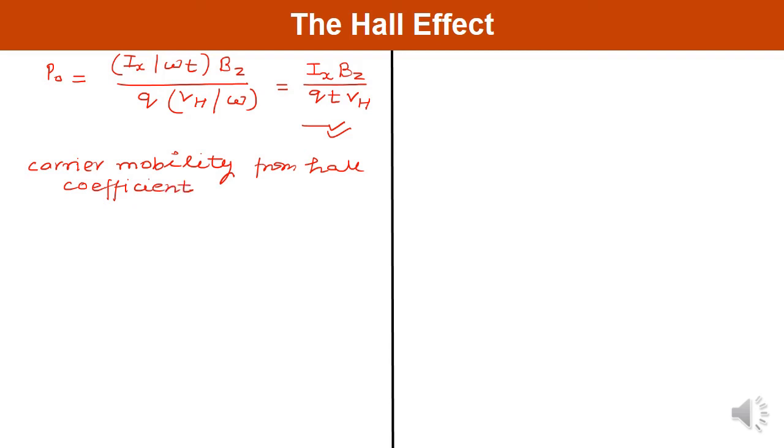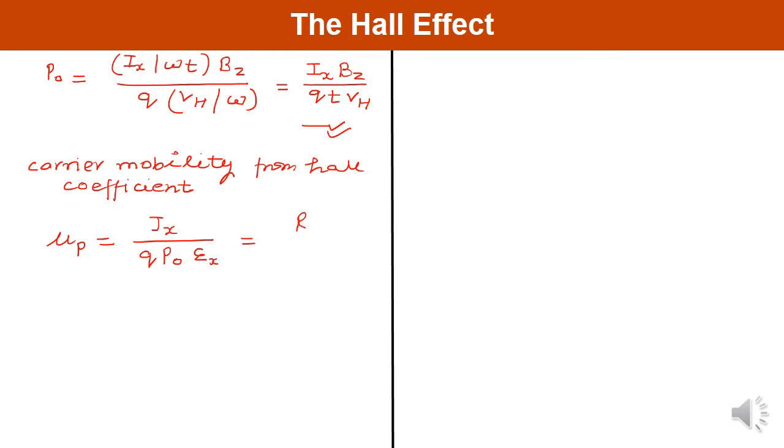Carrier mobility in terms of holes would be written as mu p, which is Jx upon Q P naught, the carrier concentration, into Ex, because x is the direction of the field.